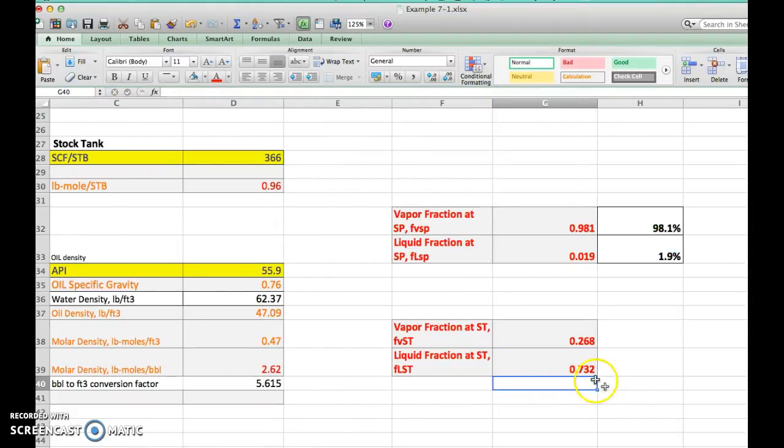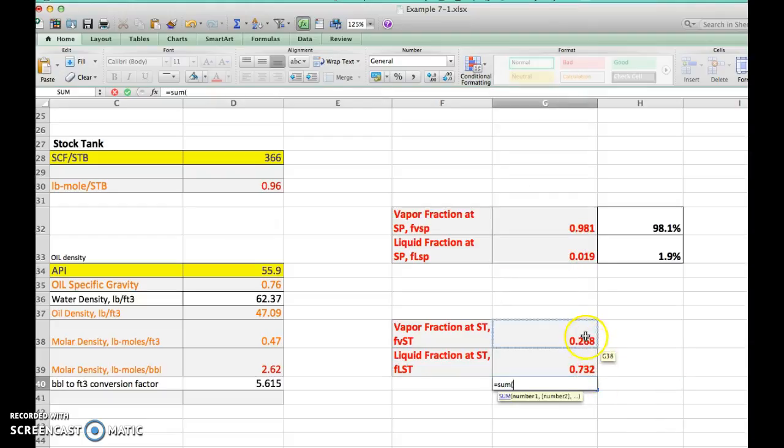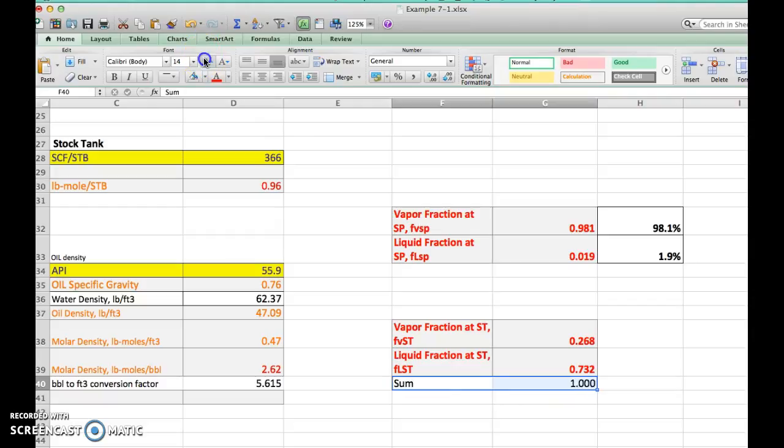Okay, and the summation of these two should be 1. So let me try. Okay, same thing for separator. Summation of these two should be 1.